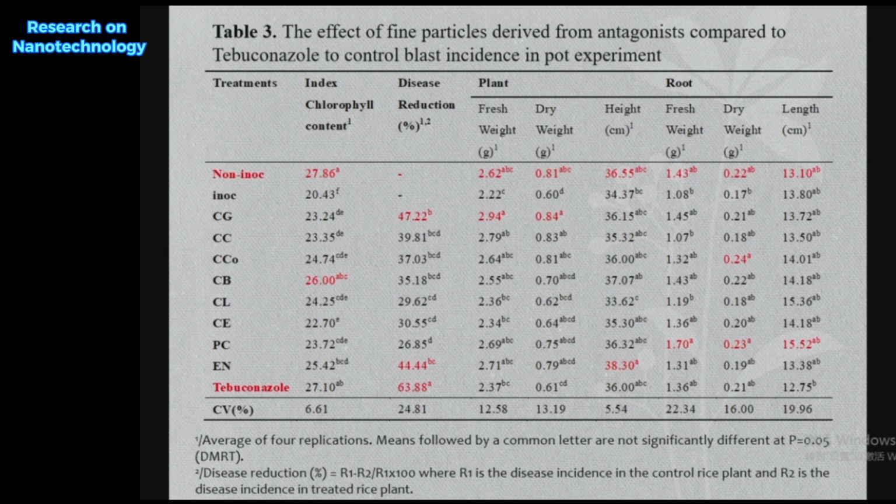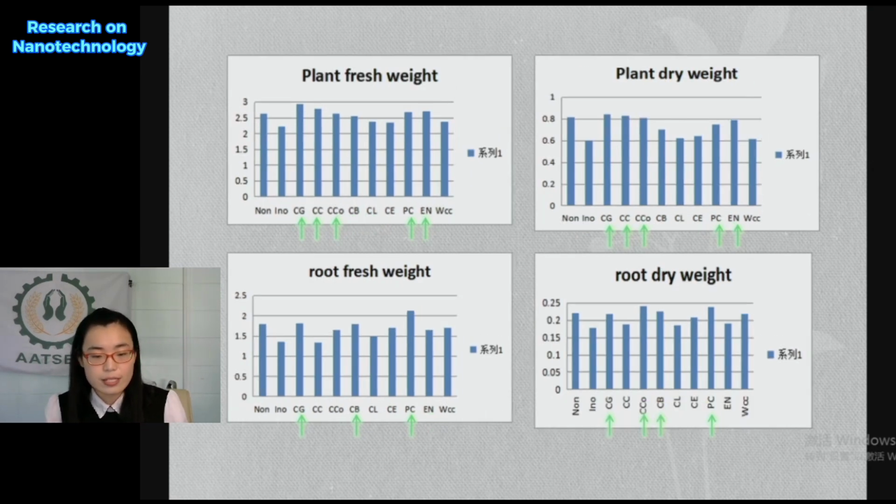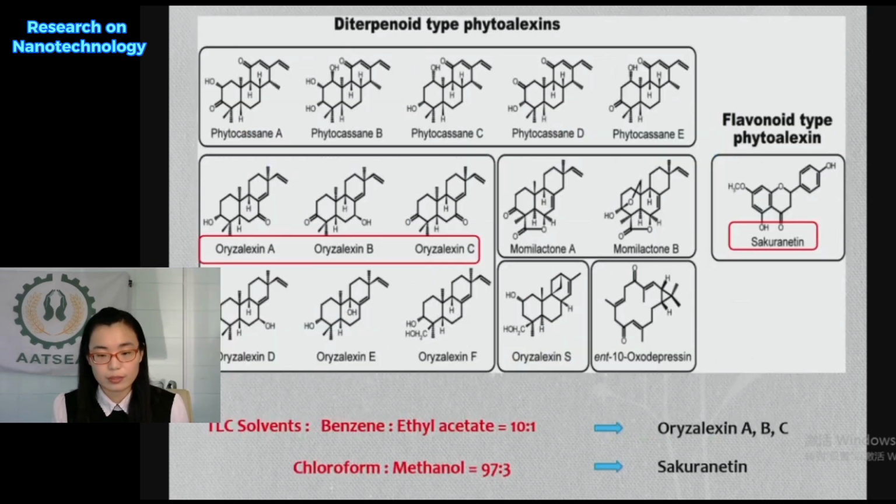But at the same time, our treatments have higher fresh weight and dry weight of both plant and root, even compared with the non-inoculated control and chemical control. In the figure you can also directly see that plants treated with nanoparticles have higher fresh weight and dry weight, and the roots also have higher fresh weight and dry weight.